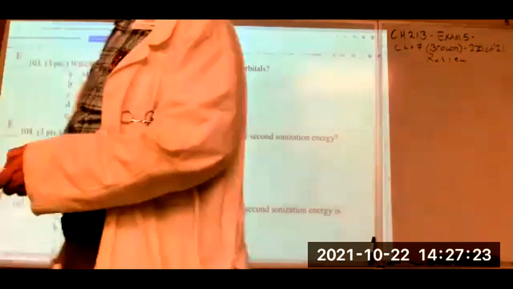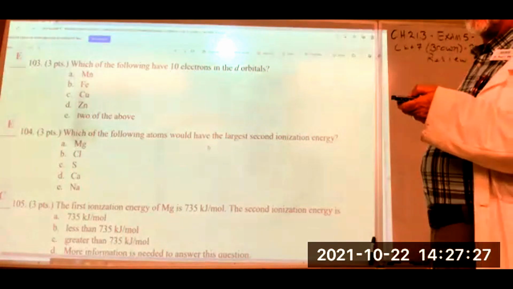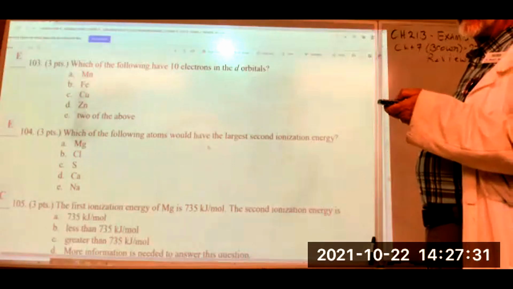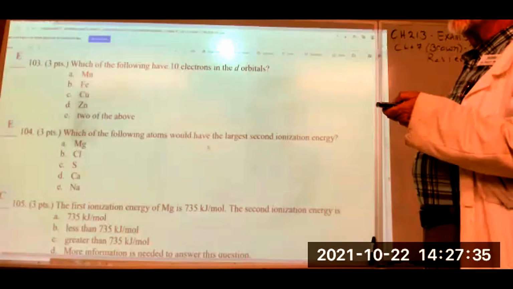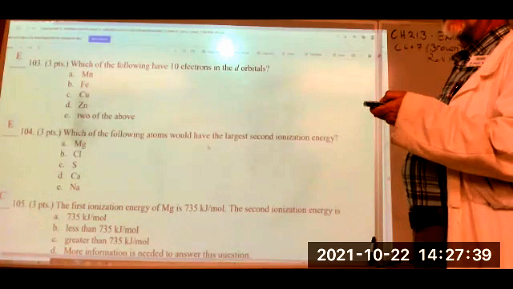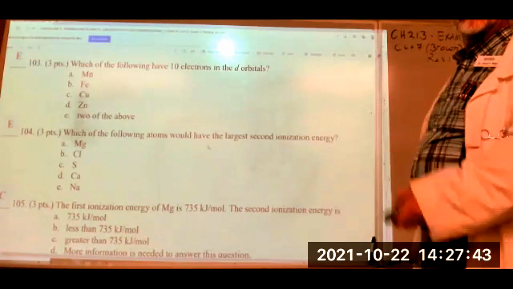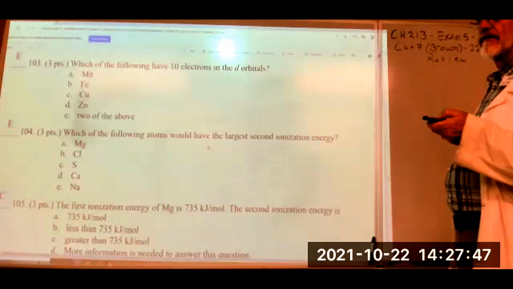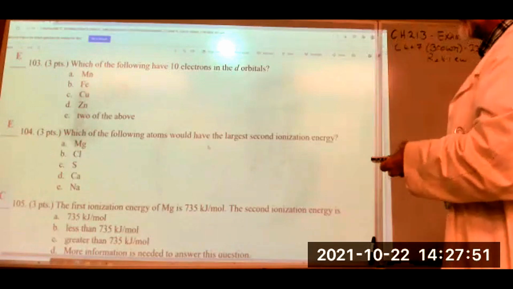Same thing happens in the f orbitals down here in the lanthanides and actinides. 1, 2, 3, 4, 5, 6, 7. So gadolinium would be 4f7, and europium would also be 4f7, but it would steal an electron from the 6s, I think.